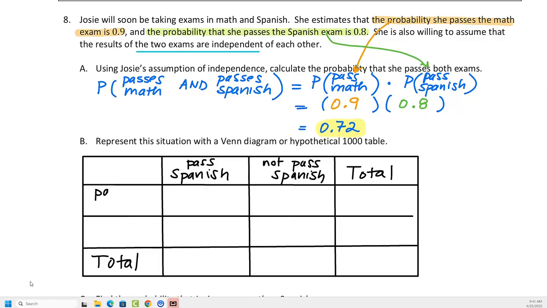This is going to be pass math, this is not pass math. I know it's a 1000 hypothetical table, so I can put 1000 in the lower right-hand corner.